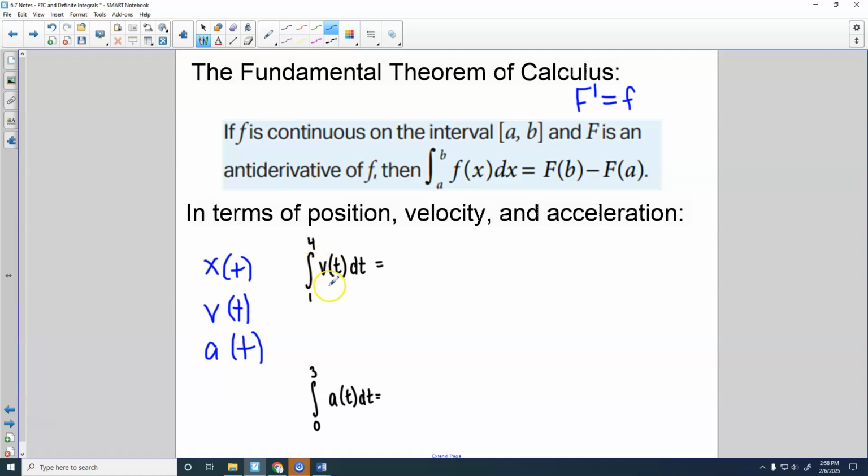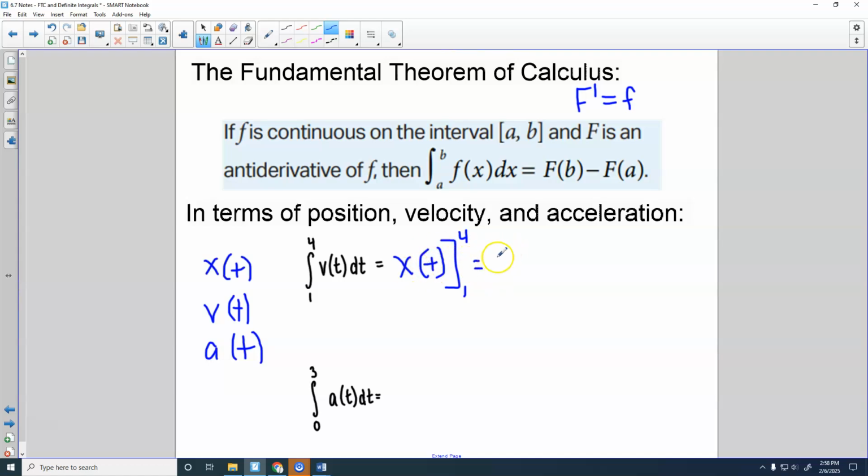So if I have the integral of velocity from 1 to 4, then sometimes we write this intermediate step. When you integrate velocity, you get the position formula, so we'll put x of t, and then we'll put this bracket over here where we put our 1 to 4. This is sort of an intermediate step; you don't necessarily have to write it.